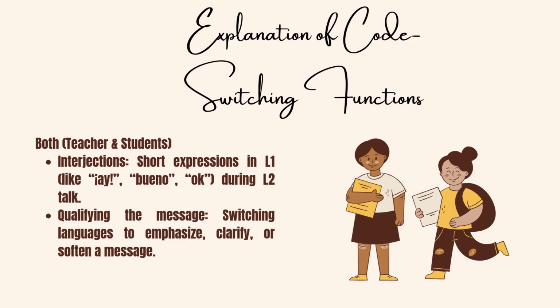Or, I, teacher, like when you mix both languages. And the second one is qualifying the message, which happens when someone adds Spanish for some emphasis, like you must practice at home. ¿Sí me entienden? Or it's very difficult, muy difícil.